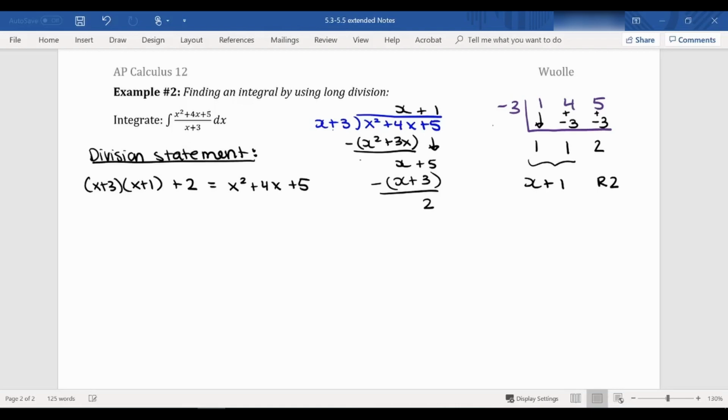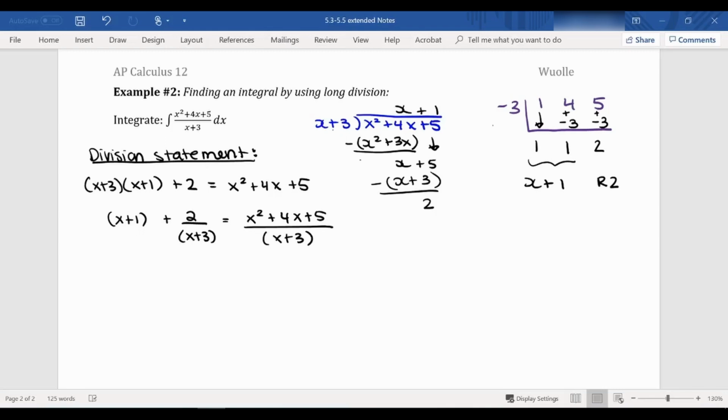But I didn't start my integral with an x squared plus 4x plus 5. I had x squared plus 4x plus 5 over x plus 3. So if I divide everything here by x plus 3, I end up with x plus 1 plus 2 over x plus 3 equals x squared plus 4x plus 5 all over x plus 3.